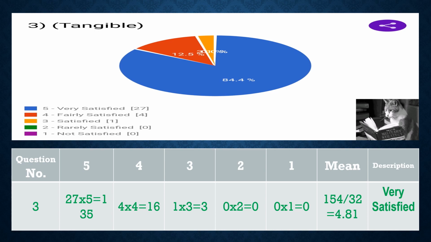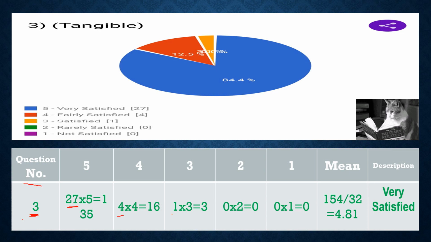So, how do we make a tabulation for this? Just follow this table. For example, for question number 3 in the questionnaire: 25, for 5, those who answered very satisfied.